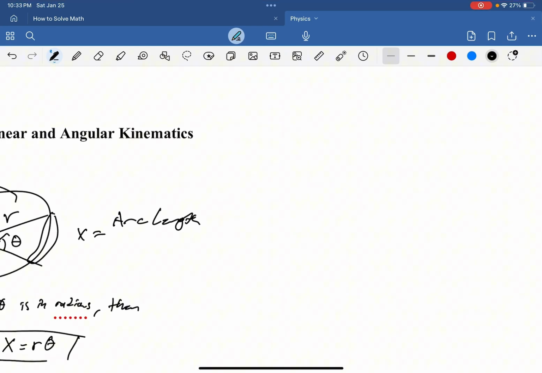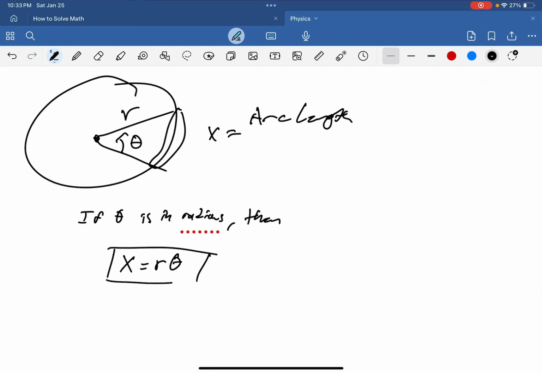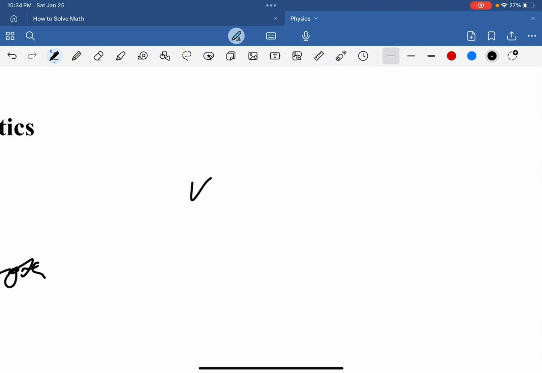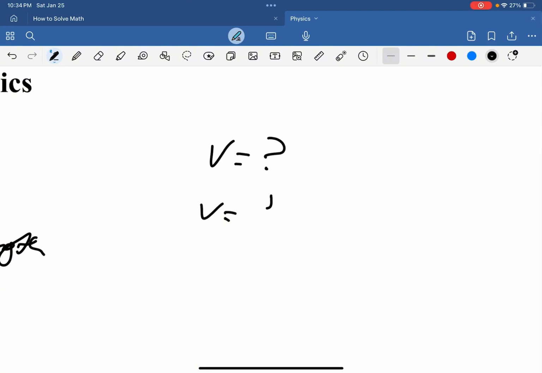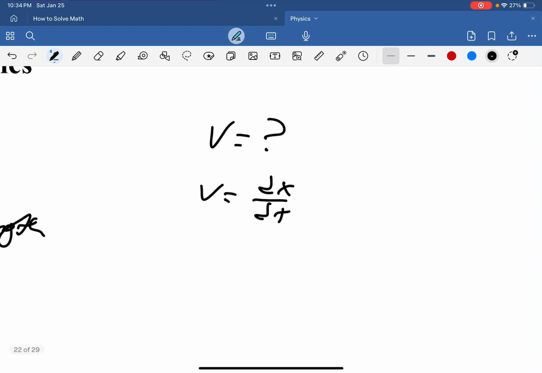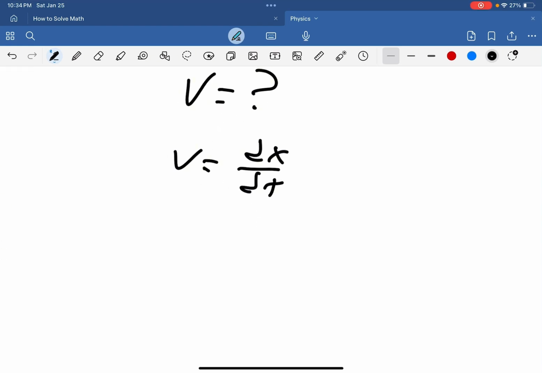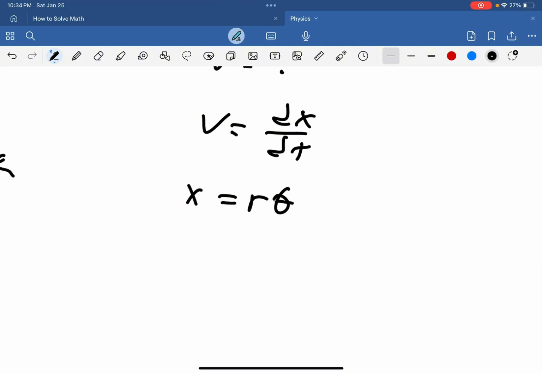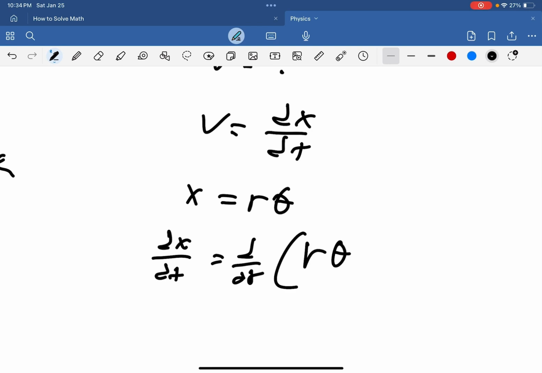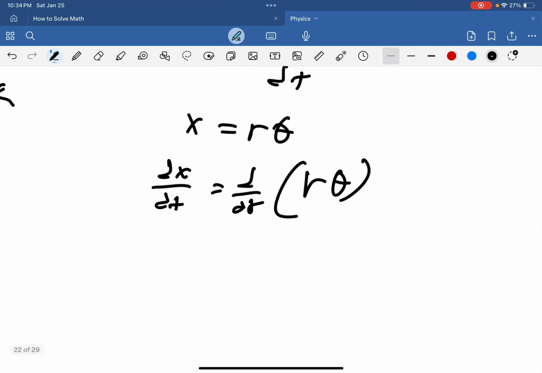So now let's figure out what velocity is equal to. Well, we know that velocity is equal to dx over dt. So here we have x is equal to r theta. Let's take the derivative of this. So dx over dt is equal to d over dt, the derivative with respect to time, of r times theta.